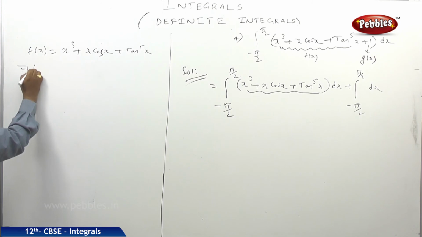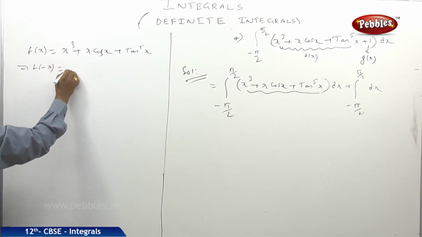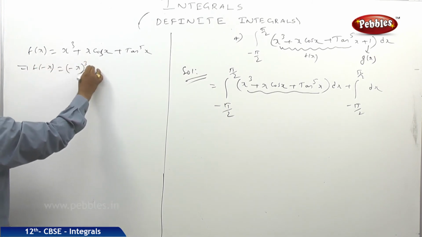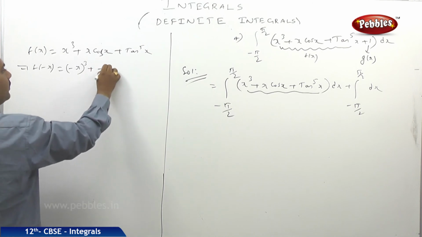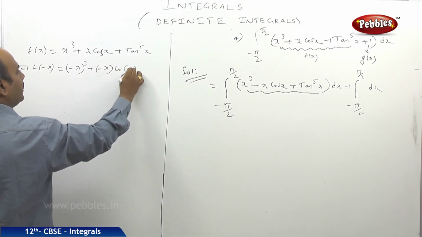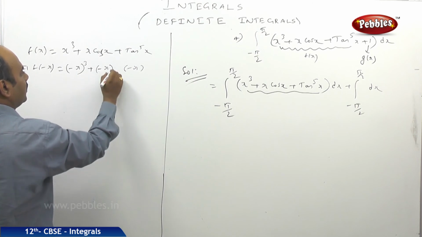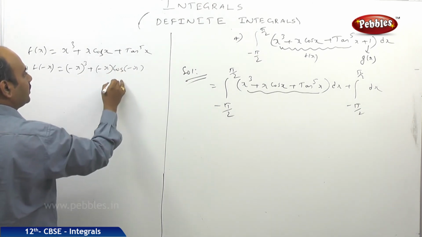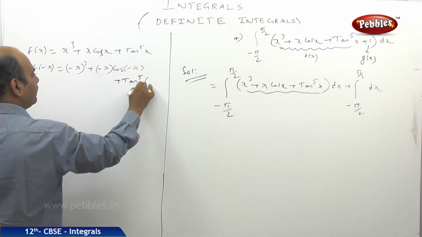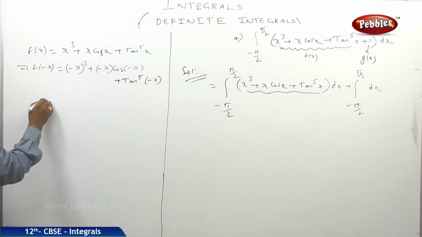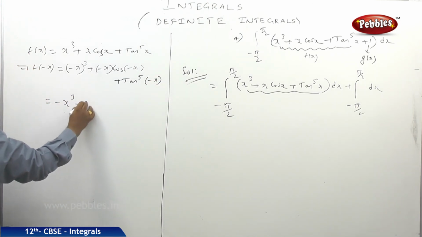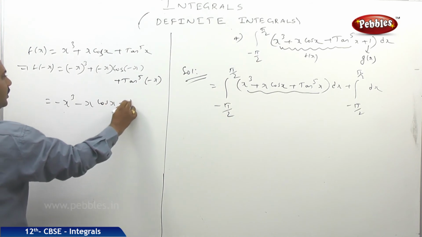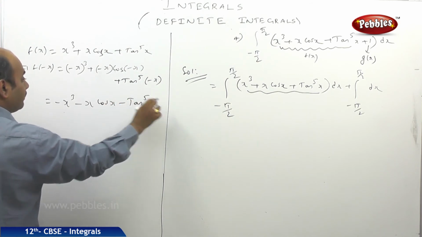So in place of x, if I substitute minus x, I'll be getting minus x whole cube, plus minus x into cos of minus x, plus tan power 5 of minus x. So what I'll be getting? Minus x cube minus x cos x minus tan power 5x.